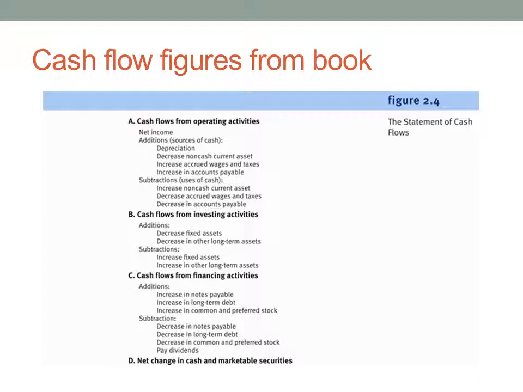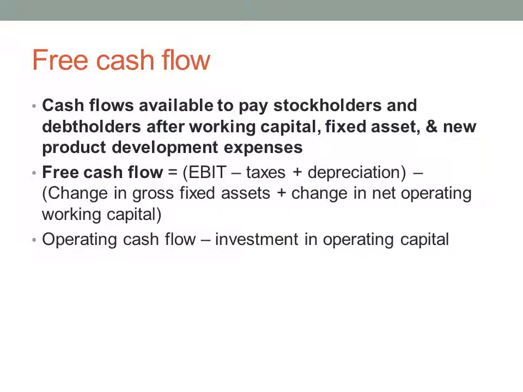Because you may have recorded a large depreciation number, so you may have a net loss because you had a lot of depreciation. But because cash didn't go out the door to record that depreciation expense, you may have a positive cash flow. And so you made money, but accounting-wise, you actually lost money or had a net loss. So after all those adjustments, we come down to what our actual net change in cash and marketable securities is.